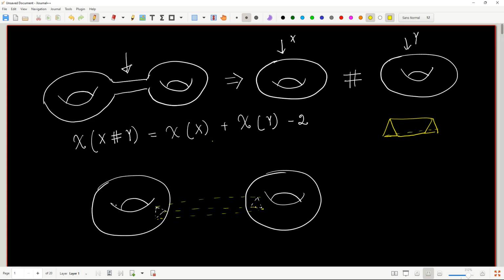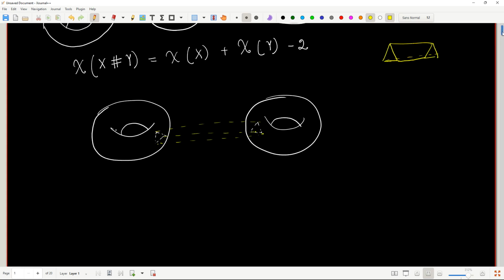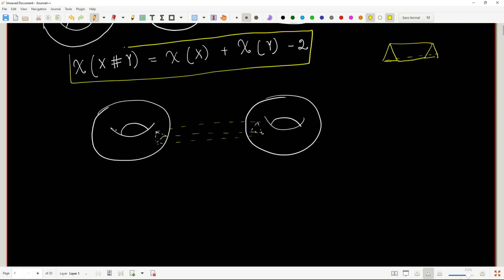Okay, so the idea to show this relation relies on the fact that we can compute the difference between the Euler characteristics of these two topological spaces. So we want to compute the difference.